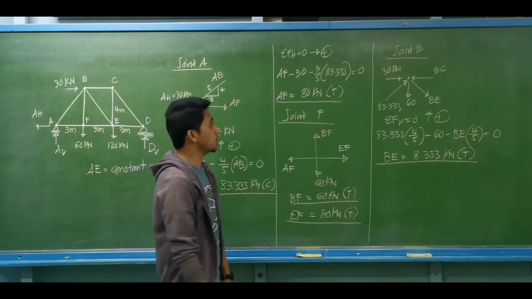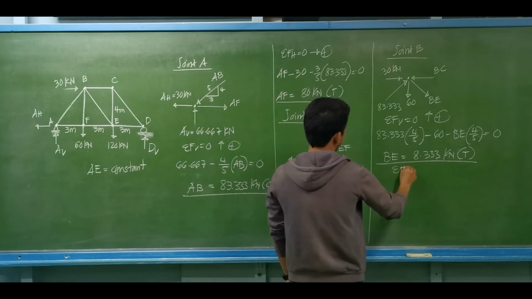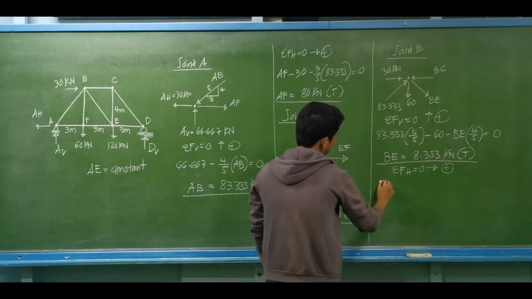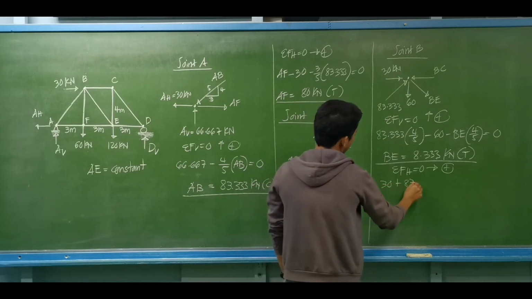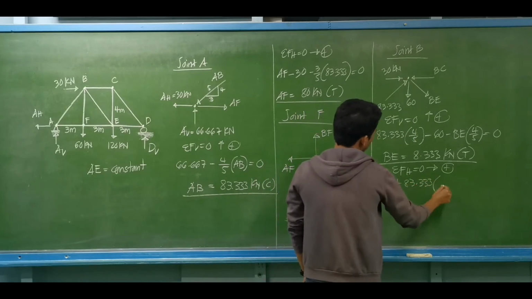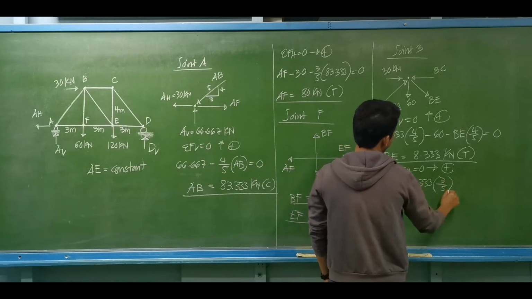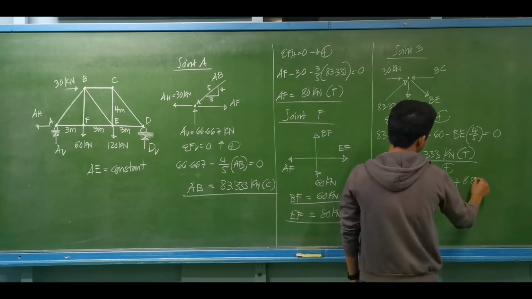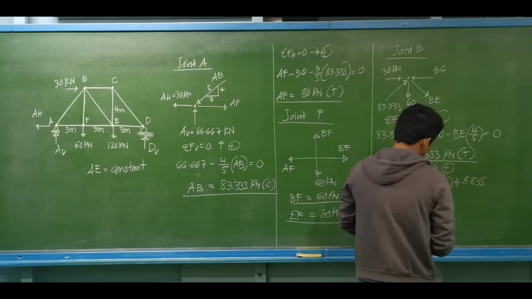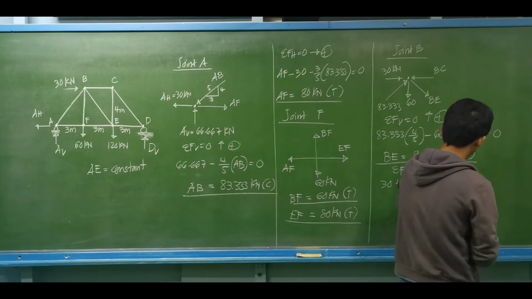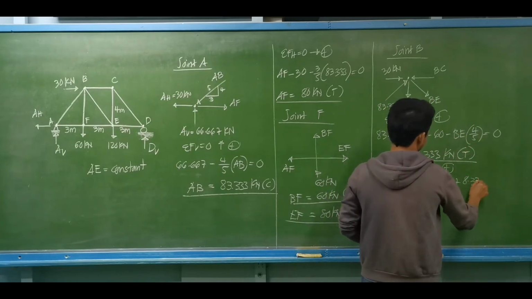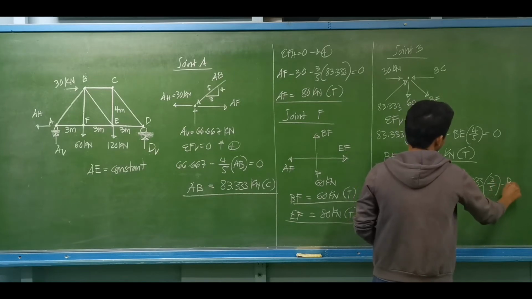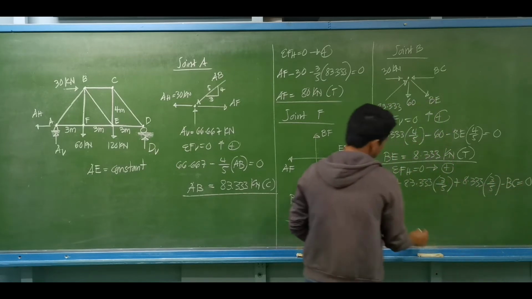Then we have member BC. This is by summation of forces horizontal equal to 0, to the right forces to be positive. We have 30 kilonewtons plus 83.333, horizontal component is 3 over 5, plus the horizontal component of BE, 8.333, horizontal component is the same, 3 over 5, minus the axial force for member BC equal to 0.